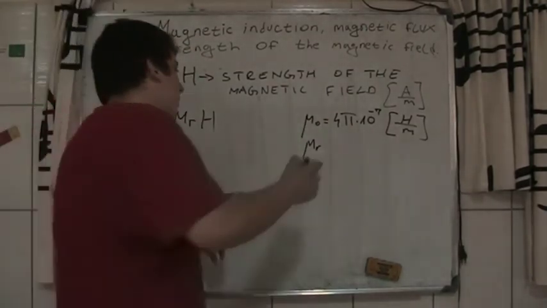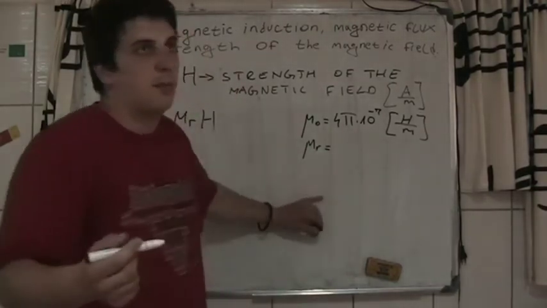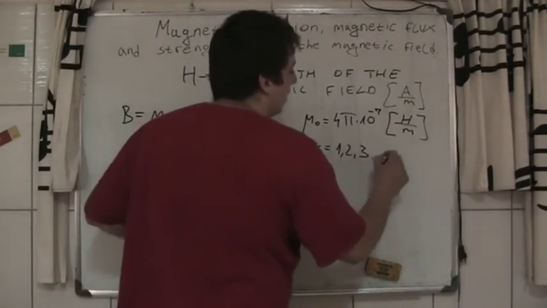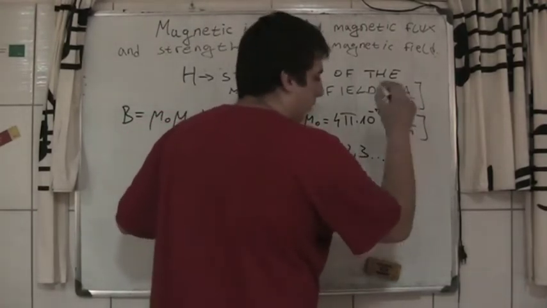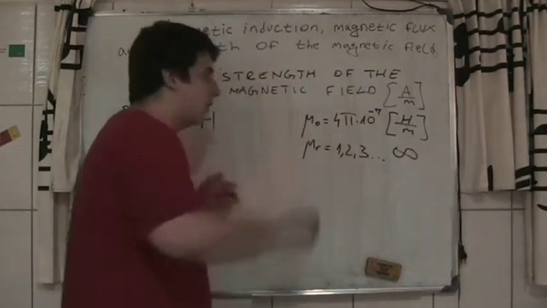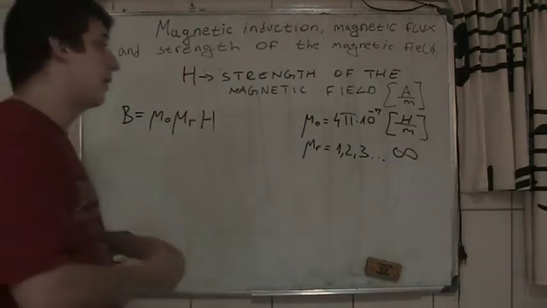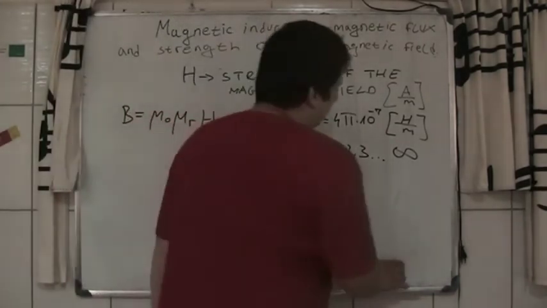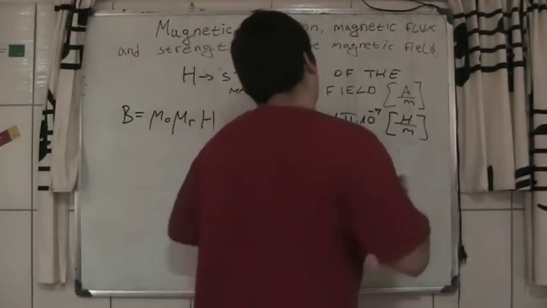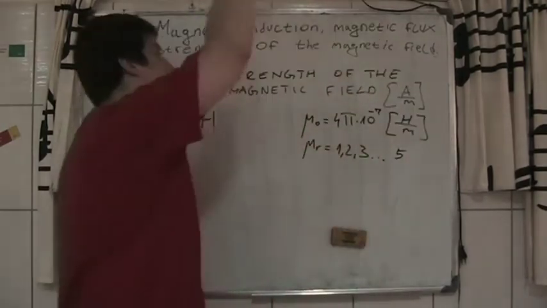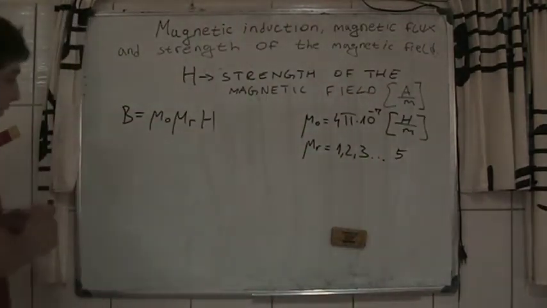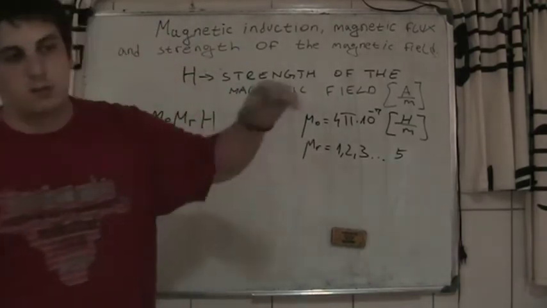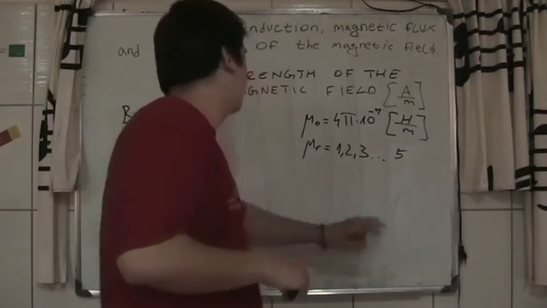It also depends on the magnetic material. And it can be 1, 2, 3. It can go to infinity, but not really. The value can be 1, 2, 3, 5, 6, 7, 8, and so on. It can be 200. This is the relative permeability of some kind of space.